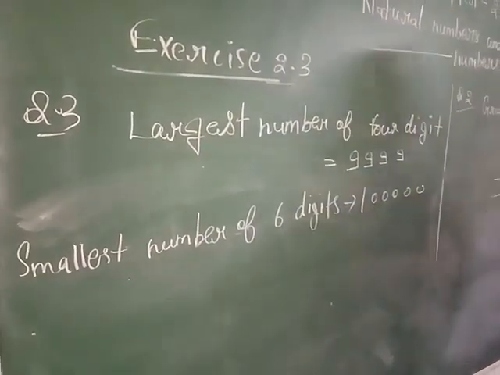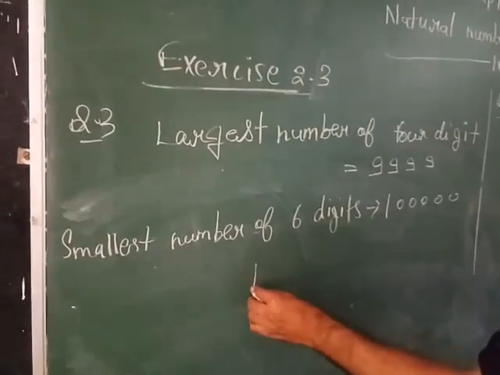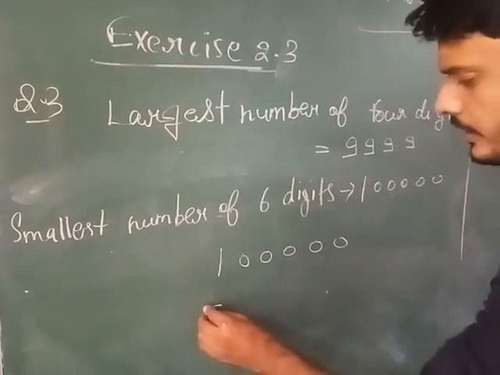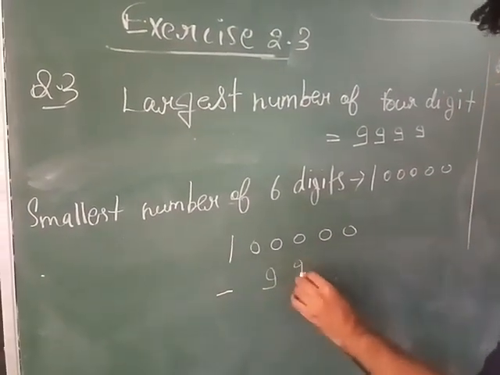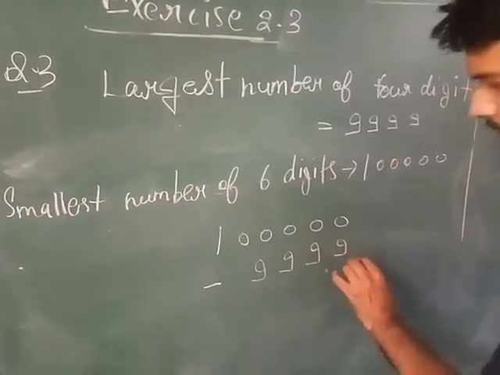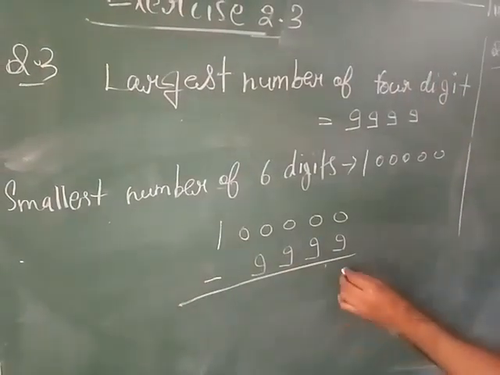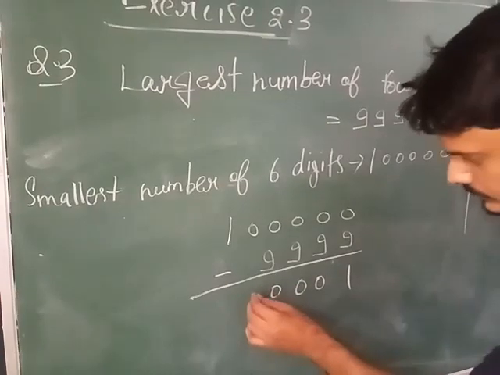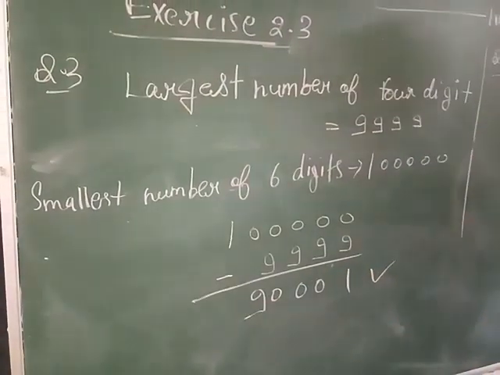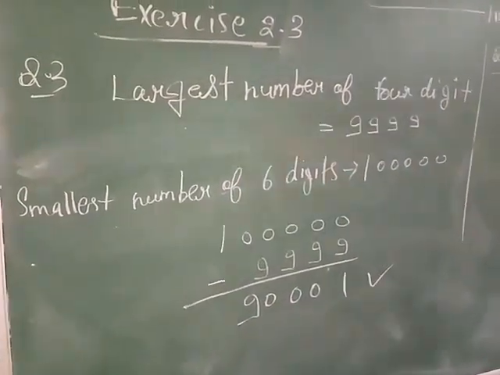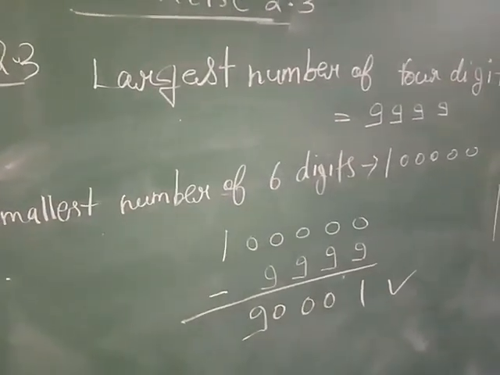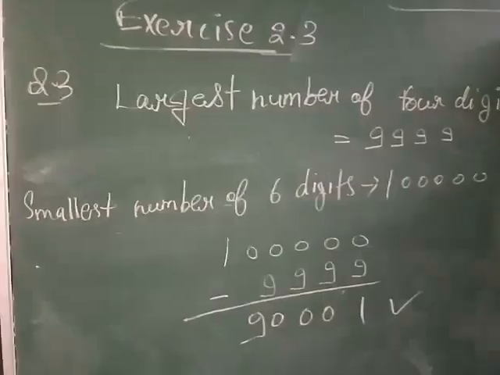And we have to find the difference of these two numbers. Minus, this will be the difference. Now question 4. You can do question number 4 in homework, and we will do question number 5 now.